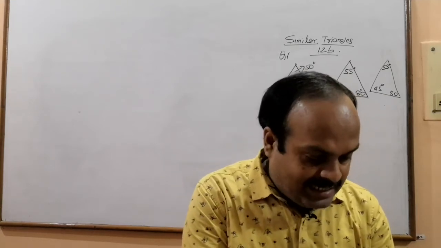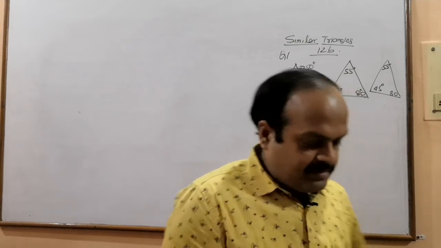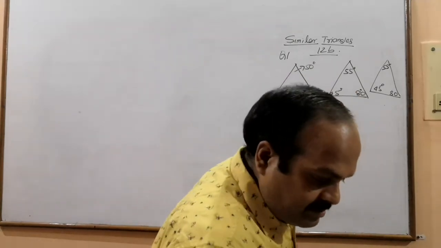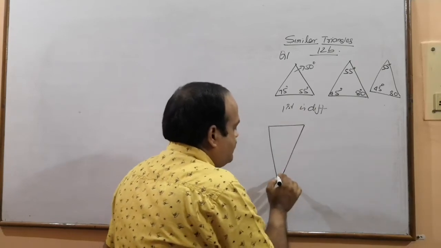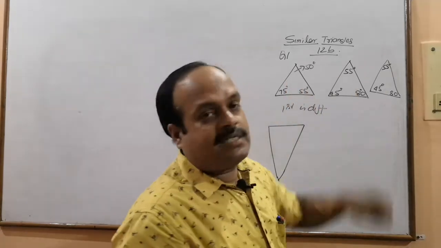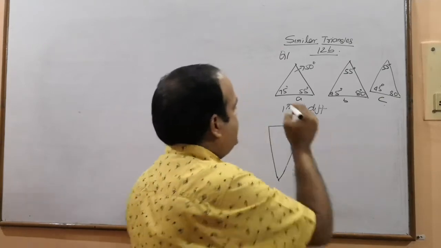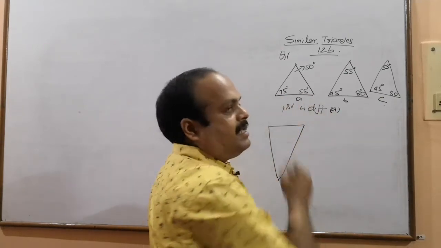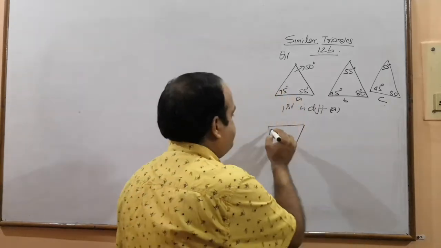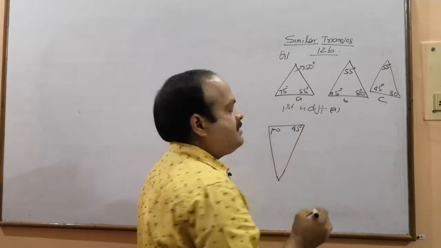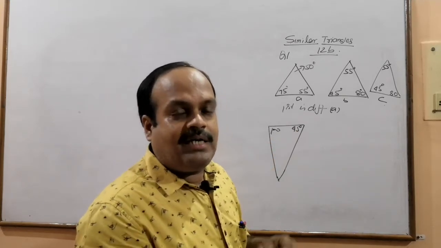Let's go to the second diagram. In the diagram these three triangles are named A, B and C. So which one is different? You will write first, meaning triangle A is different. Second one, 145. Calculate the third one. I hope you know that the sum of the angles of a triangle is 180 degrees.